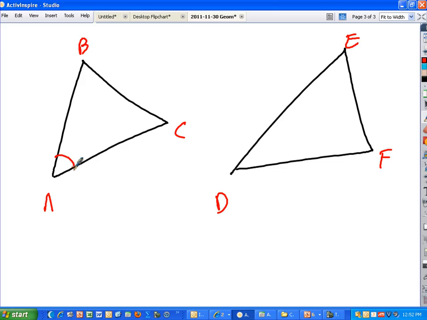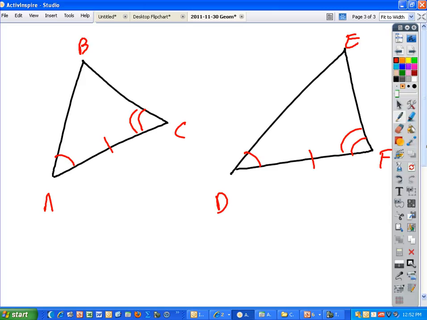So, what if... Are they congruent? By what? Angle, side, angle. Okay, good. Perfect. That works.